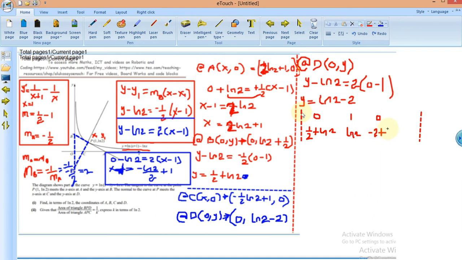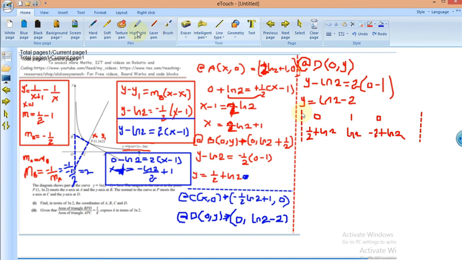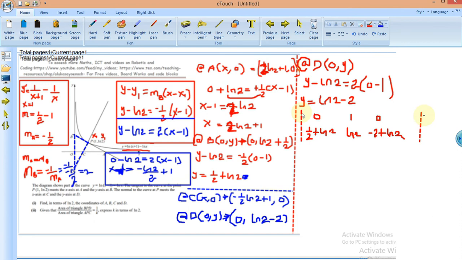Then you now repeat the first coordinate. Sorry about that. I don't know if I should clean this if possible. It's not working for me. No problem about that. Let me just go ahead and complete it now. So I'll repeat this one, which is 0, and then half plus ln 2.